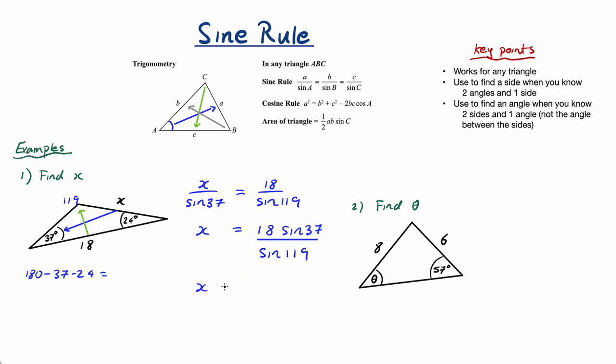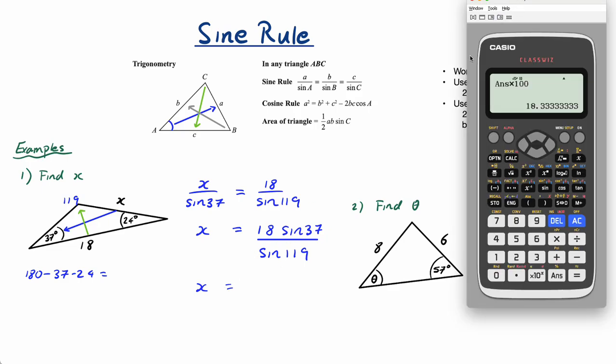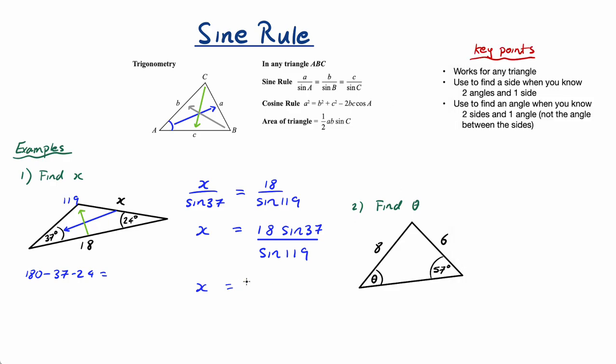And I can put this straight into the calculator. Here we go. I'm going to do 18 sine of 37 over sine of 119, close bracket, and I get 12.3855. Let's round it to 12.39, assuming he wants two decimal places.